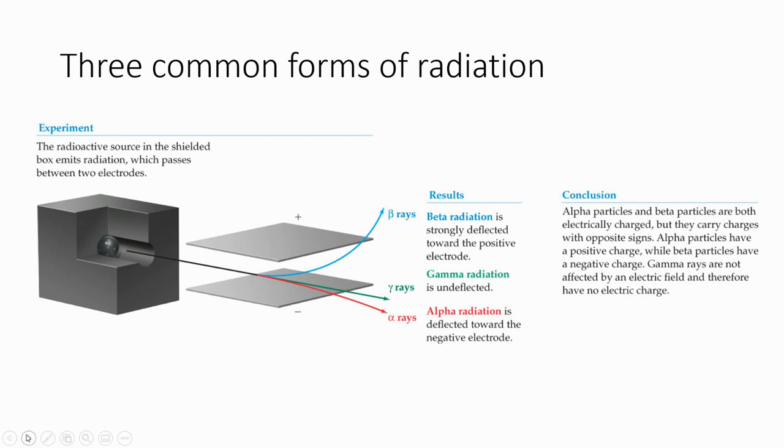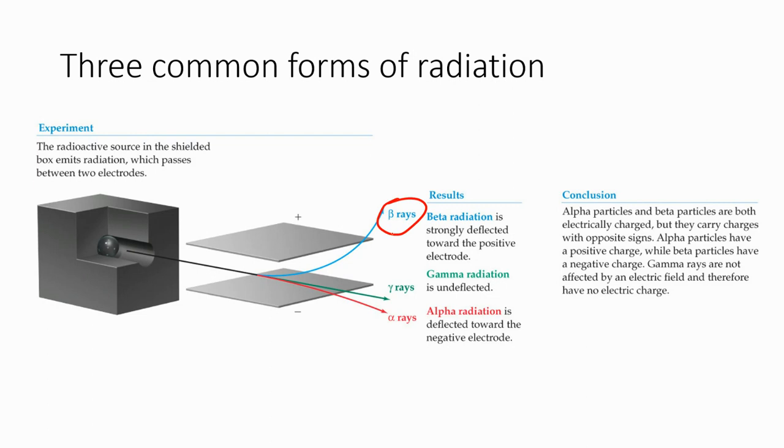What I've shown in this diagram is beta particles, alpha particles, and gamma rays being ejected from a nucleus and passing between two charged plates. The first thing that I notice is that the beta particles are really attracted to the positive plate.